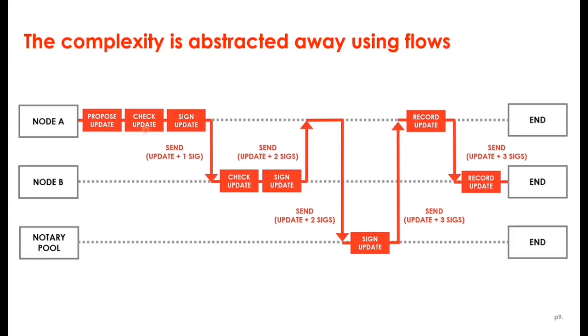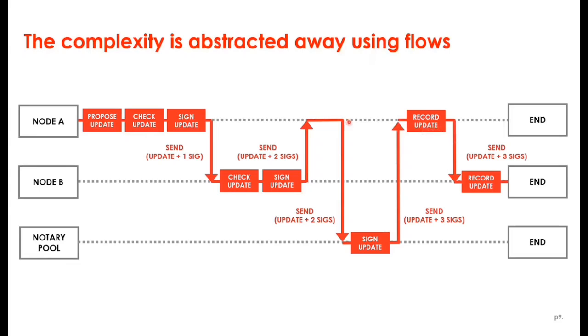A check is made of the update to make sure that the asset is in order and that it is owned by node A. There is a request for a signature. Node B then checks and makes its updates and then signs the update. Then the transaction is sent down to the notary pool for another signature to validate that there are no double spends and other transaction validations.